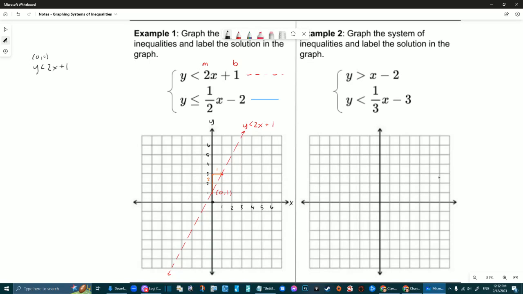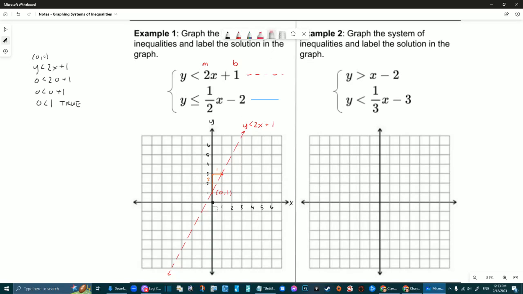I'm going to substitute those numbers in. 0 less than 2 times 0 plus 1. I know that 2 times 0 is 0. And I know that 0 plus 1 is 1. And 0 is less than 1. This is a true statement. So this test point down here at 0, 0 that I marked earlier is true.